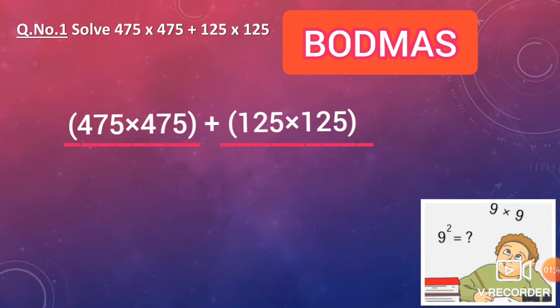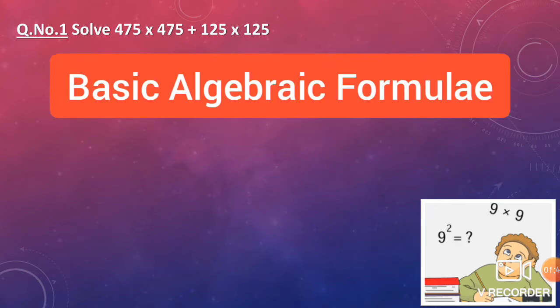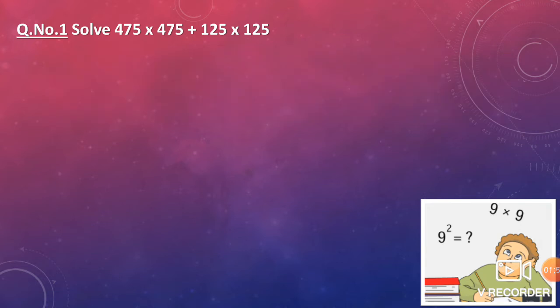So let's see how we can implement the basic algebraic formulas into this so that we can solve it faster. In this problem, 475 is repeated twice and 125 is repeated twice and multiplied.